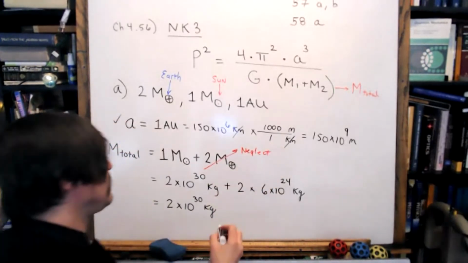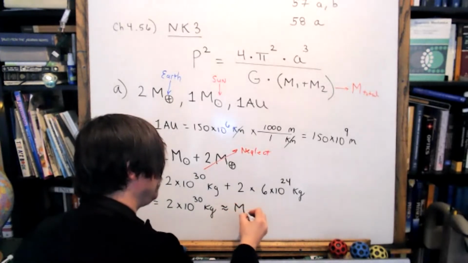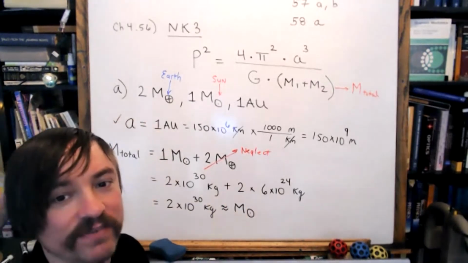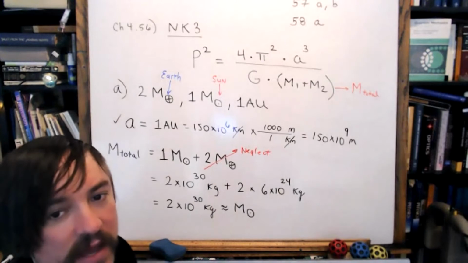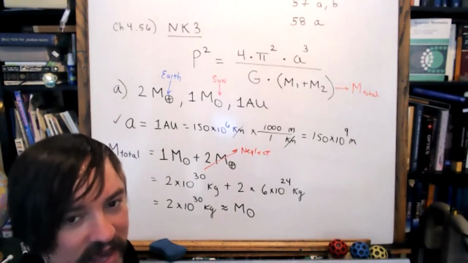And you can basically say that the total mass is approximately equal to the mass of the sun with no change in the accuracy of the calculation. But you guys have to know when to play that trick. Sometimes you can play it, sometimes you can't.